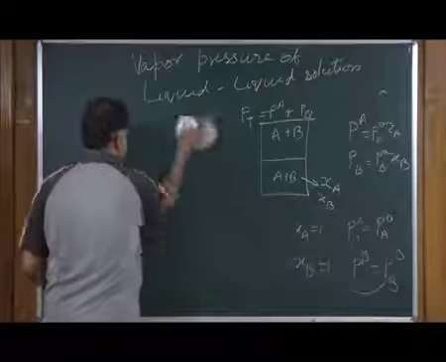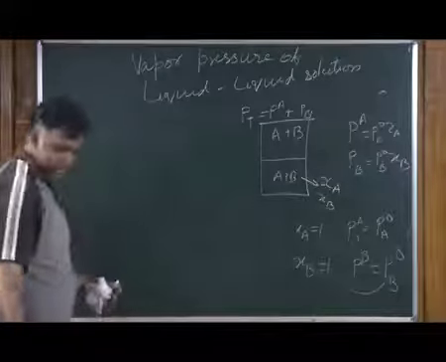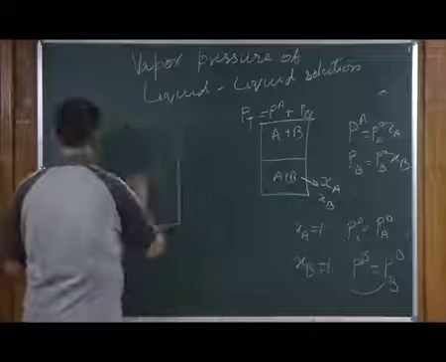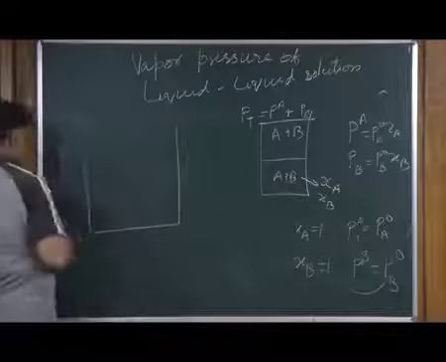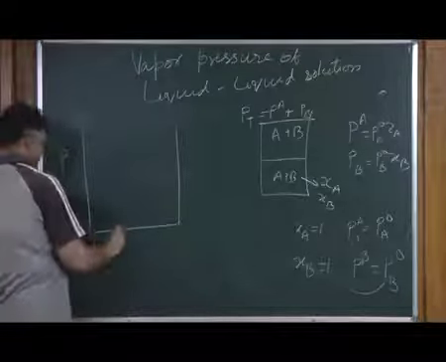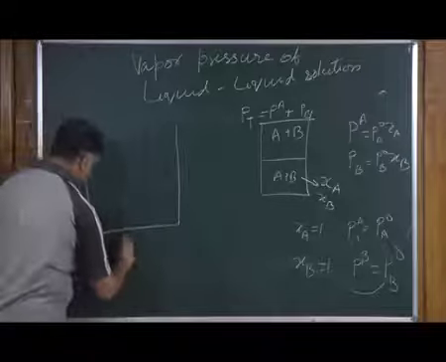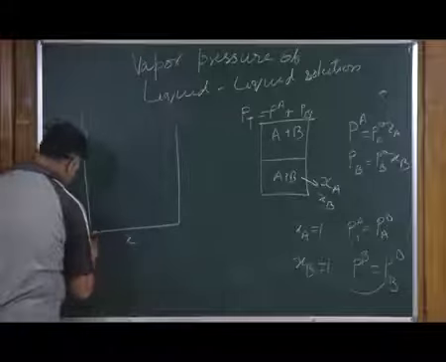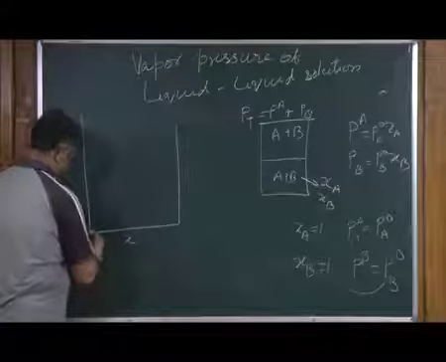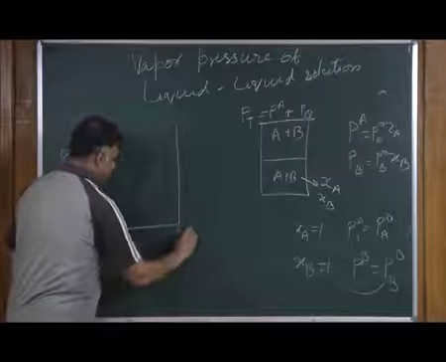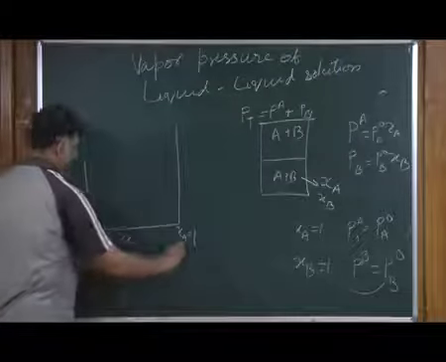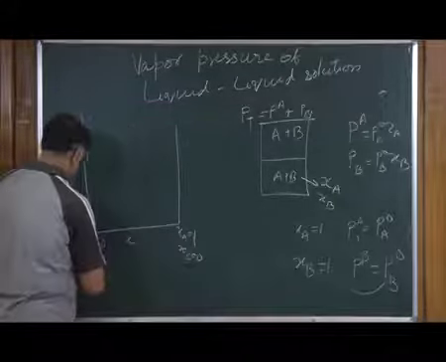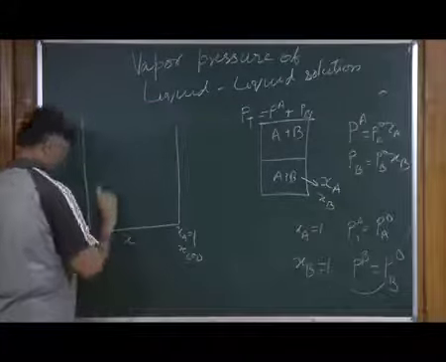So, let us look at this in this diagram. What I am plotting is the partial pressure of A and B against the mole fraction. Over here we have mole fraction X_A equal to 0 and X_A equal to 1, and in the same way over here we have X_B equal to 0 and X_B equal to 1.